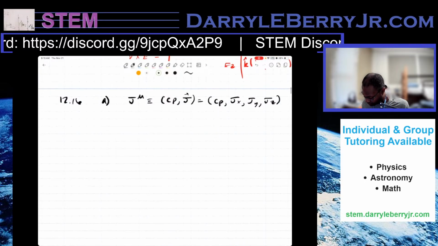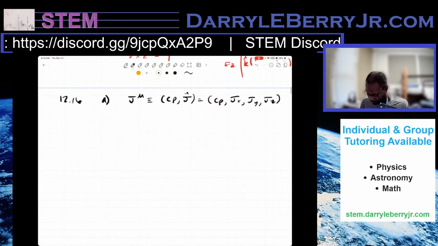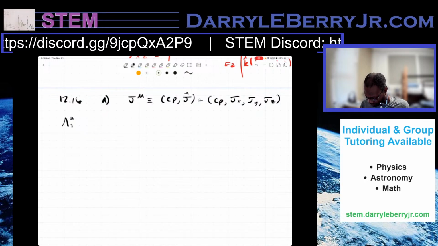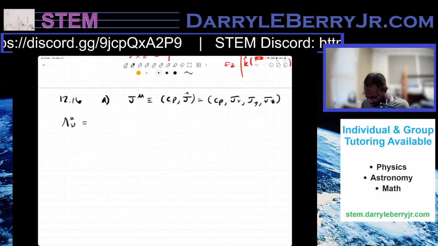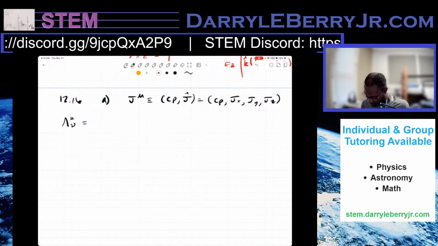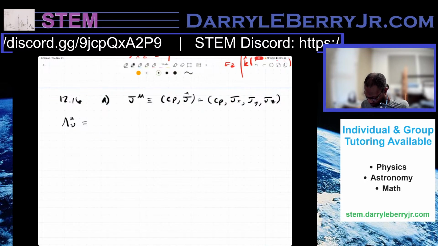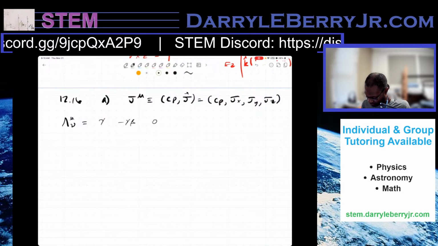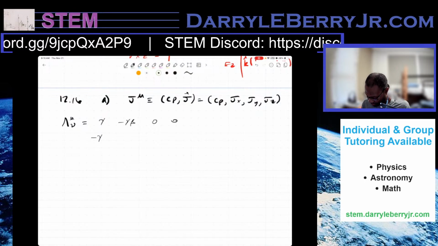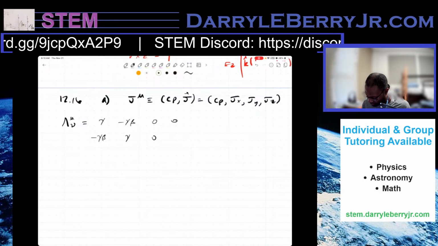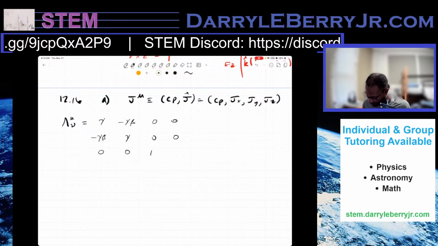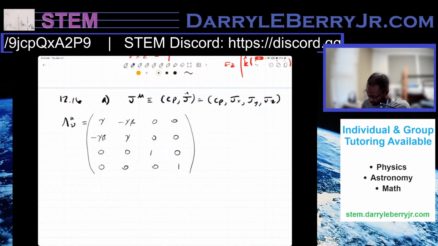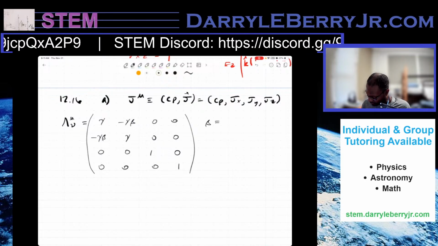So we know that the transformation tensor or matrix is going to be gamma, negative gamma beta, 0, 0; negative gamma beta, gamma, 0, 0; 0, 0, 1, 0; 0, 0, 0, 1, and beta equals v over c.